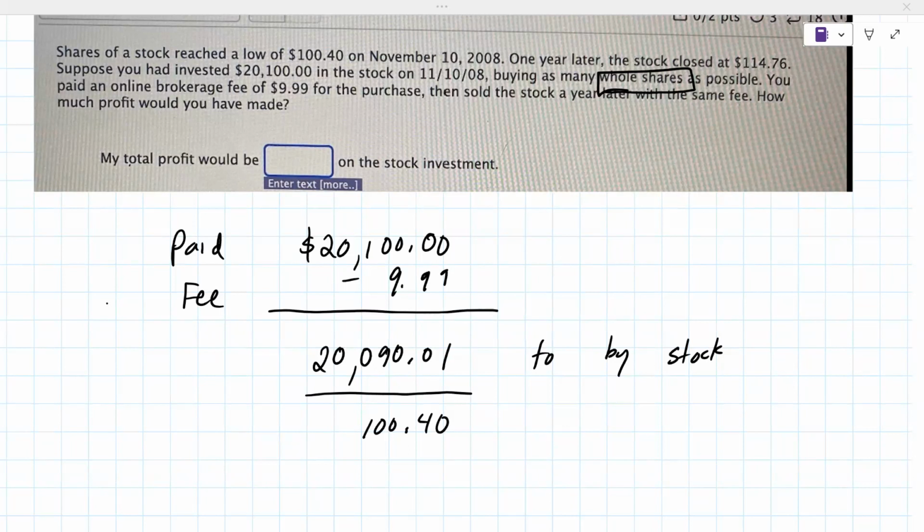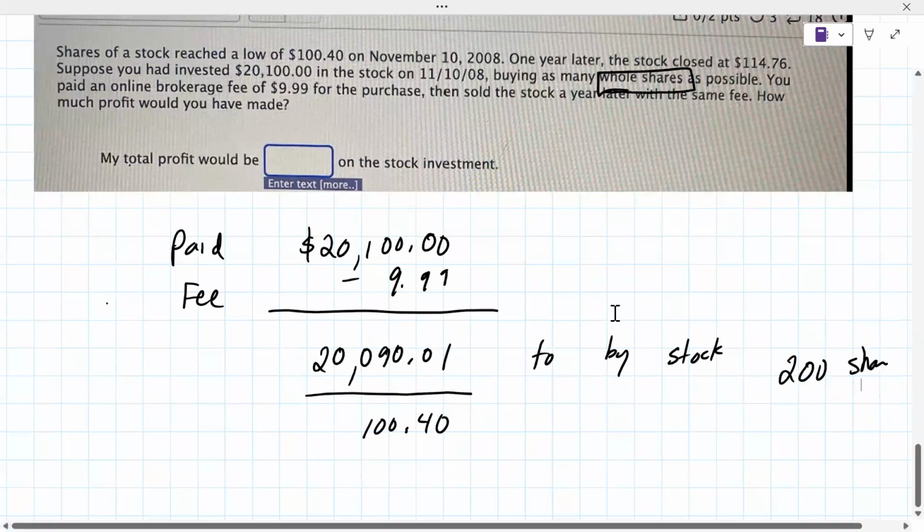Minus 9.99. Yeah. So doing it this way, you can buy 200 shares. But if you work it backwards, you say, okay, about 200 shares at $100.40. It's not $20,100.